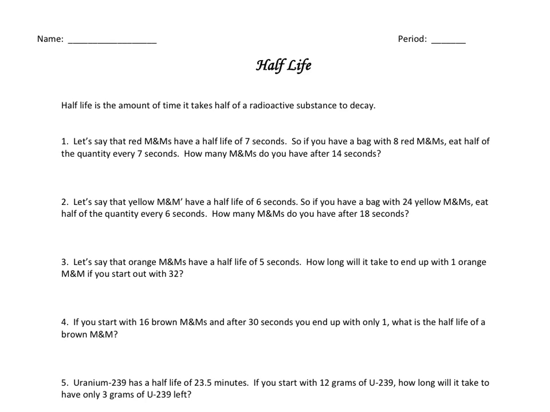To do this problem, we start with 8 M&Ms, and after 7 seconds, that's the half-life, half of it turns into something else. So we'd be left with only 4 M&Ms. Half of 8 is 4. But the question is asking after 14 seconds.